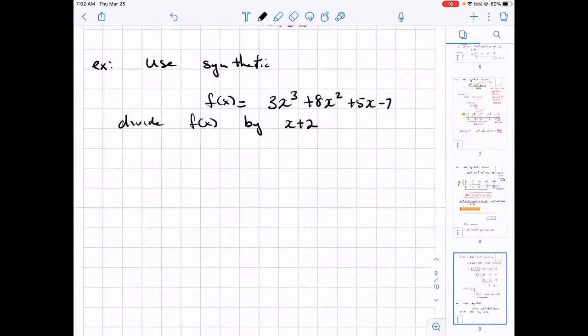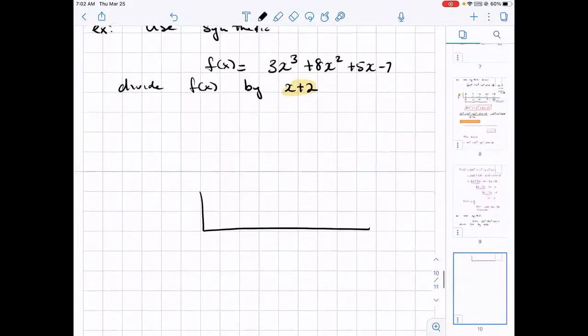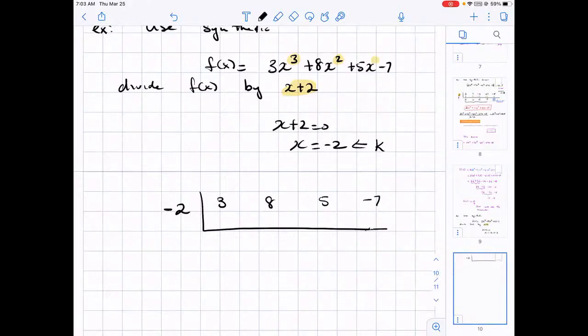So notice that this is linear. If we set this up, we have minus 2 here because x plus 2 is equal to 0, so x is equal to minus 2. This is our k. Then 3 power, 2 power, 1 power, constant, so we don't have any missing terms. So here we have a 3, an 8, a 5, and a minus 7.